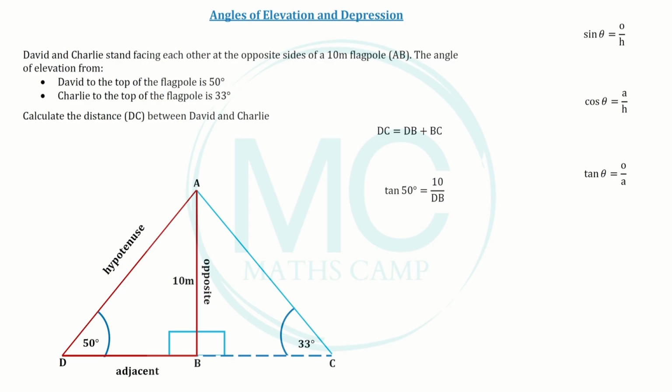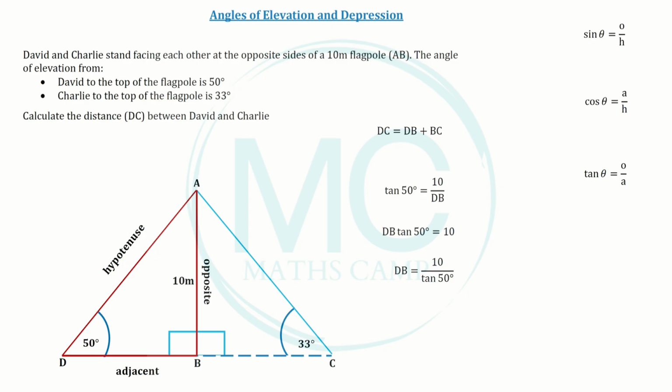Now we need to make dB the subject of the equation. So let's start by moving it out of the denominator of the fraction. So let's multiply both sides by dB, and we get dB multiplied by tan 50 degrees is equal to 10. Now to get dB by itself, we divide both sides by tan 50 degrees, and we get dB is equal to 10 over tan 50 degrees.